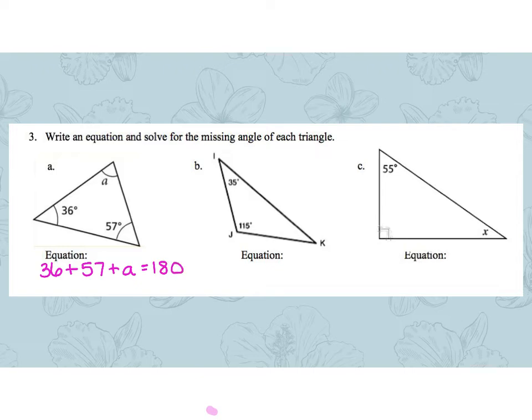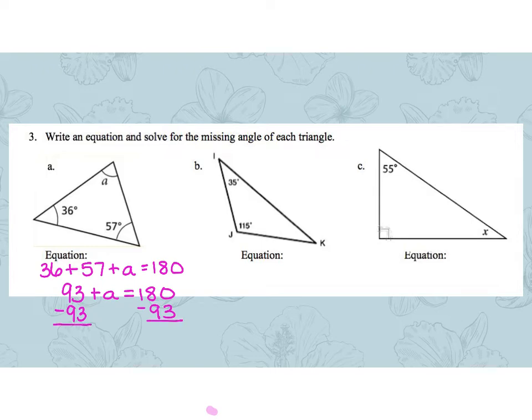So I will first add together my 36 and 57, and when we do, we get 93. And then I'll bring down everything else. So now we have a one-step equation, and I would need to subtract 93 from both sides to get A by itself.